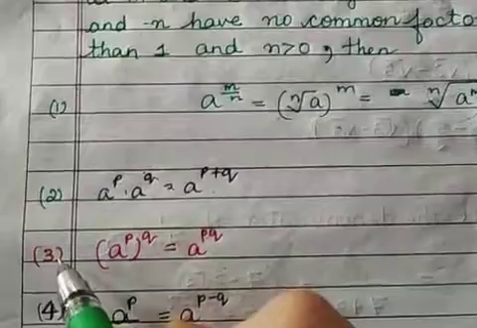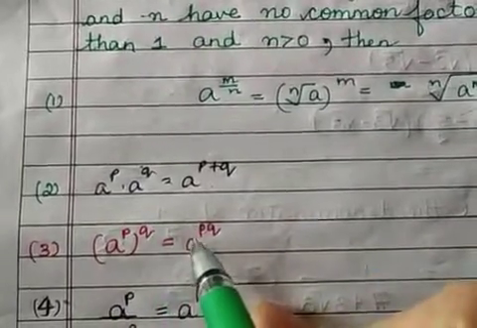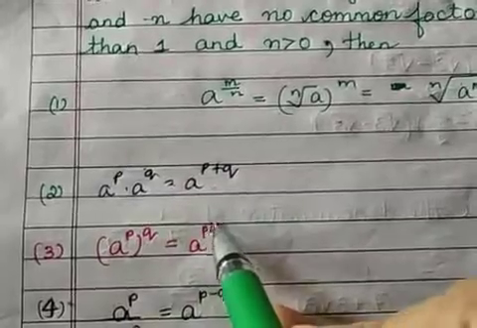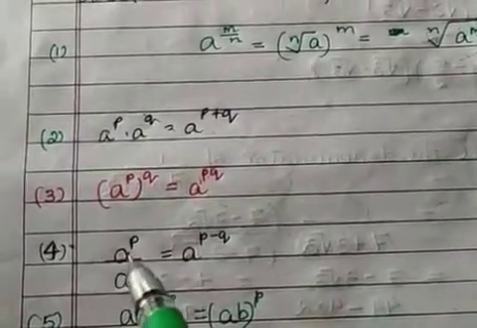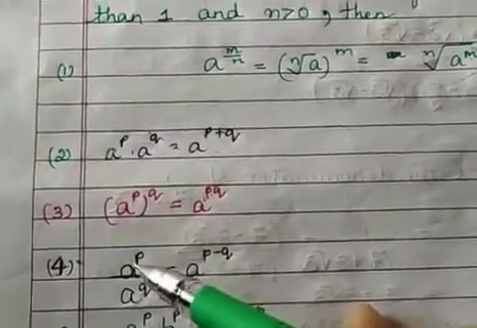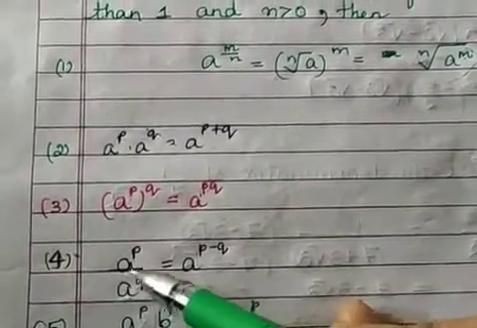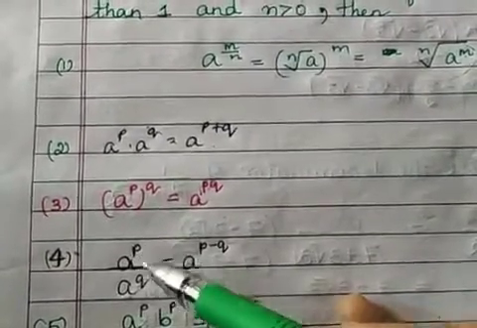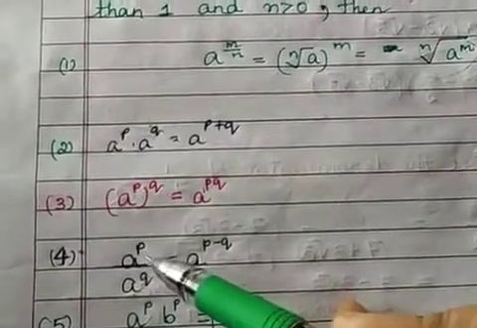The third law is a raised to p raised to q can be written as a raised to pq. The fourth law says a raised to p upon a raised to q. If you divide two real numbers which have the same base but different exponents, then you can write it as a raised to p minus q.